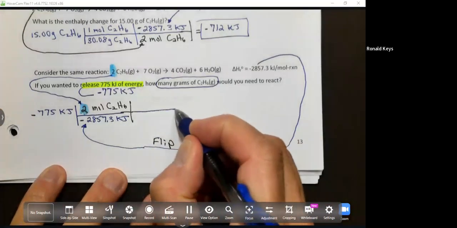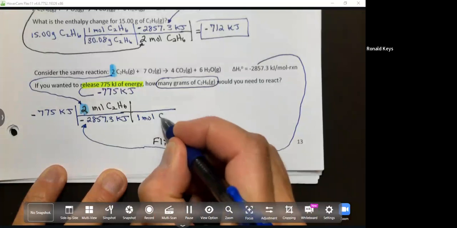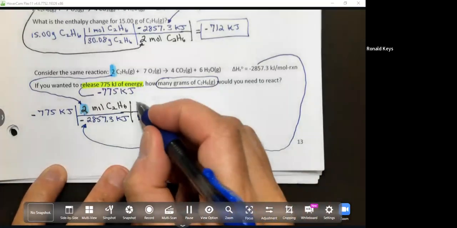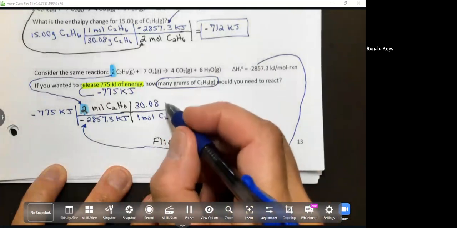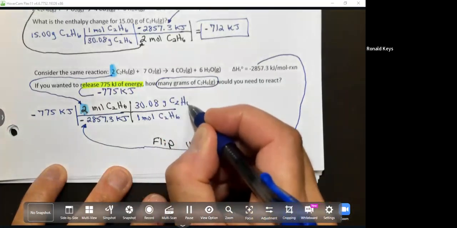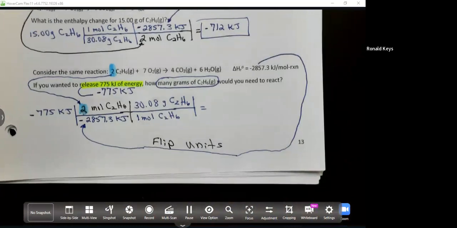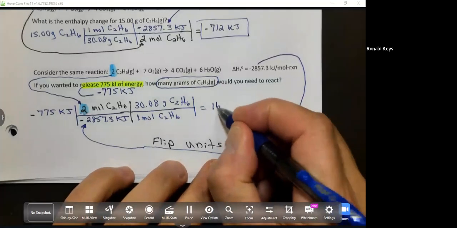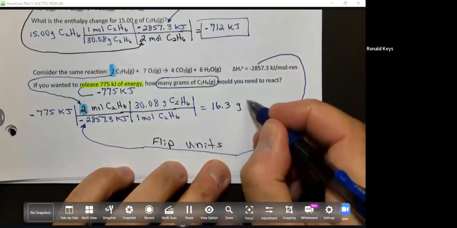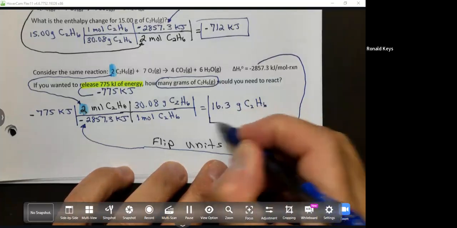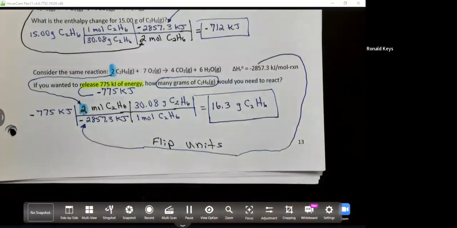Now we can just do 1 mole of C2H6, 30.08 grams. Okay.